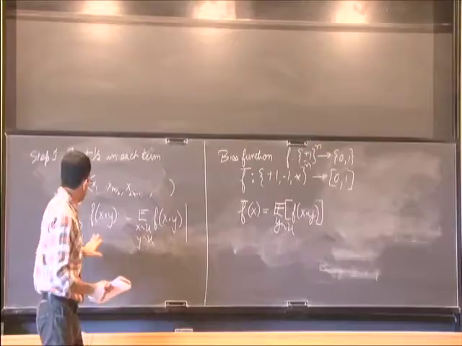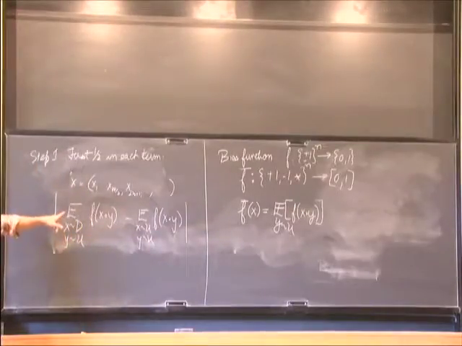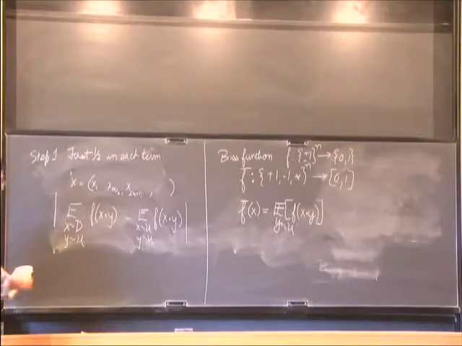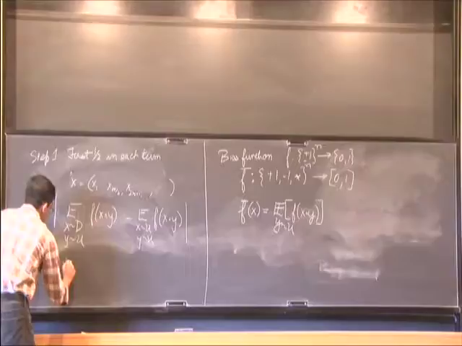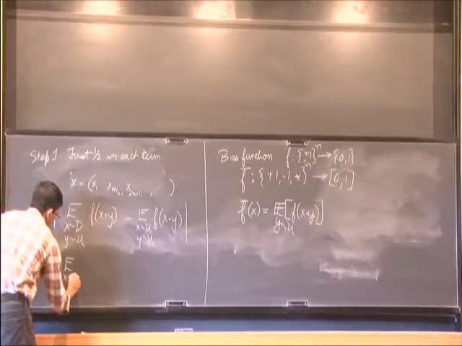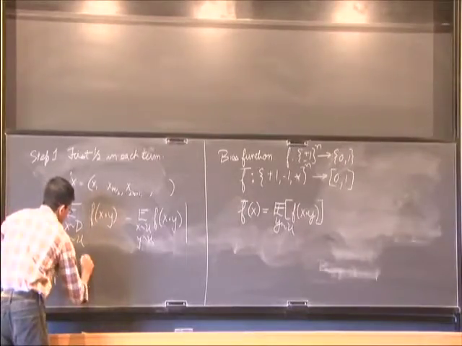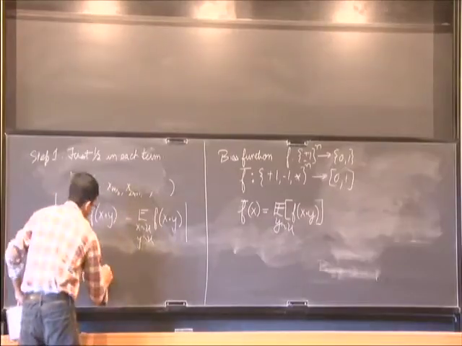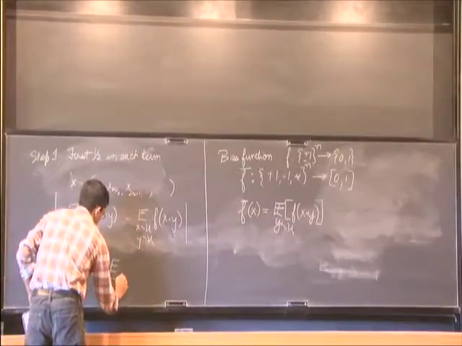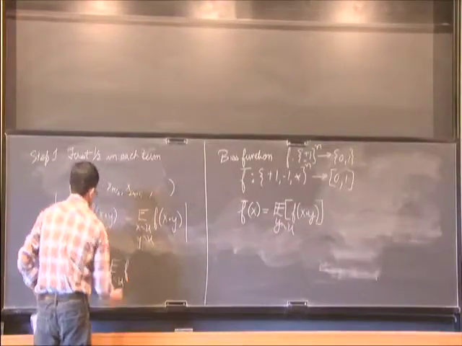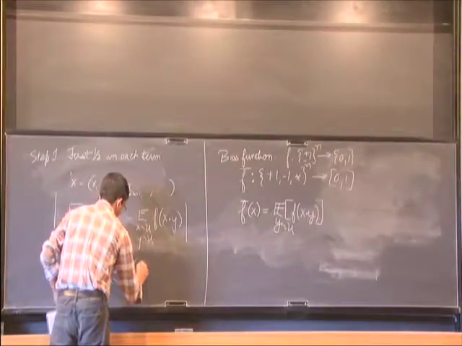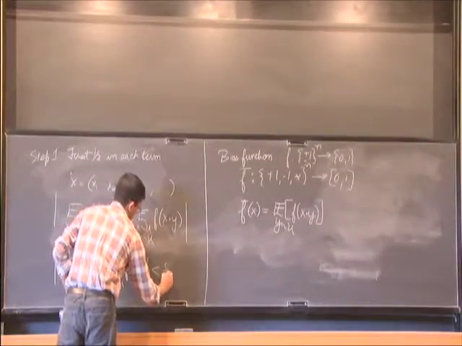Now I claim that what this equation is telling us is that we really only want to fool the bias function of the random restriction. So this is really saying that the expectation over x in D of f bar x minus the expectation over x in U of f bar x is small.